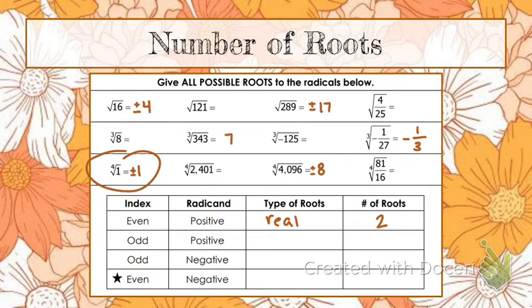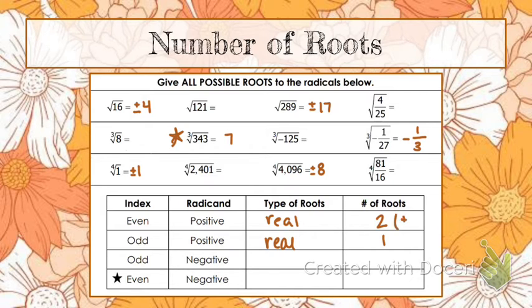So now for the next one, we want to know if you have an odd index and a positive radicand, what do you get? So odd and positive, that looks like this. So we have a cube root of 343. We got 7 is a real number, and there was only one of them.